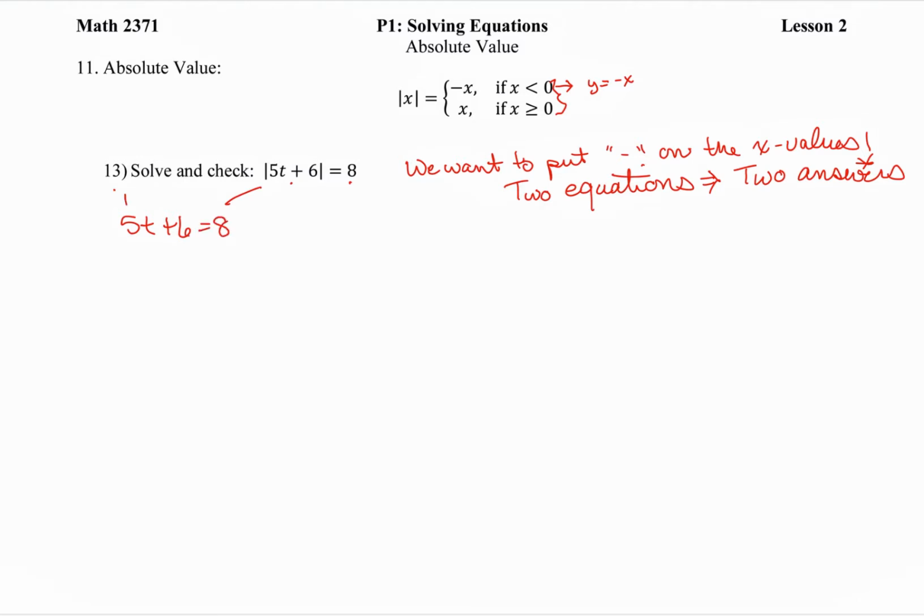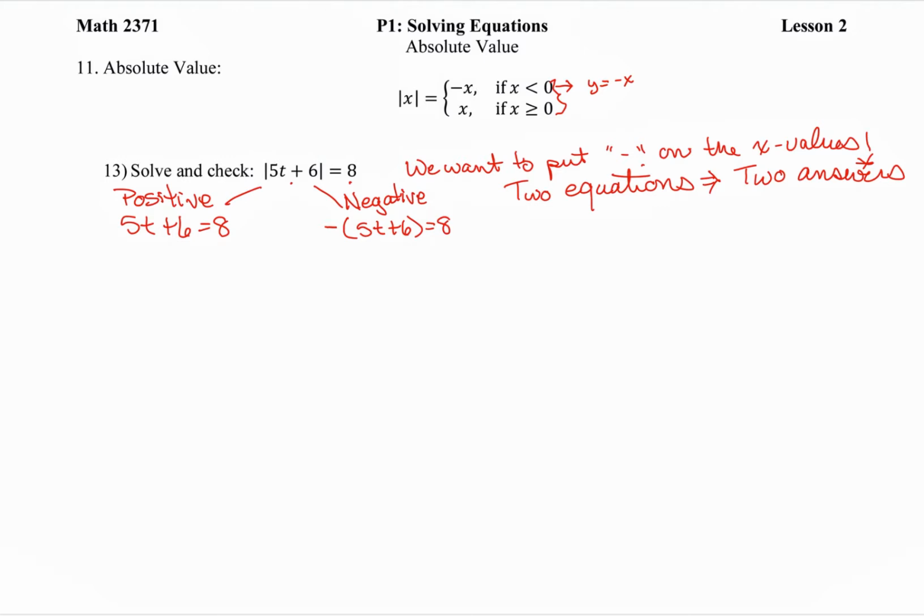That's your positive. Then you're going to have a negative equation, where the negative of what's in the absolute value bars equals your answer. So that's your negative. And notice that it's a negative, what's inside equals your answer.